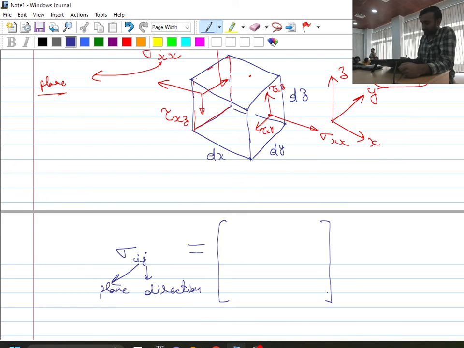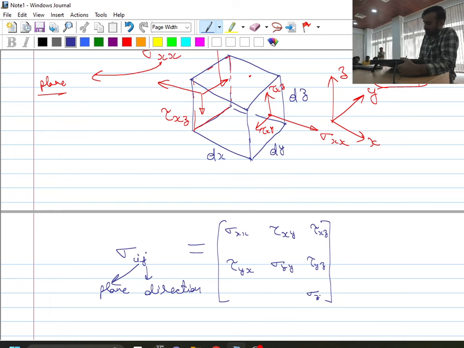So one component will be sigma xx, or in place of sigma it will actually be shear, which I am representing with tau. So shear will be tau xy, tau xz. Then I will have sigma yy, tau yx, tau yz.